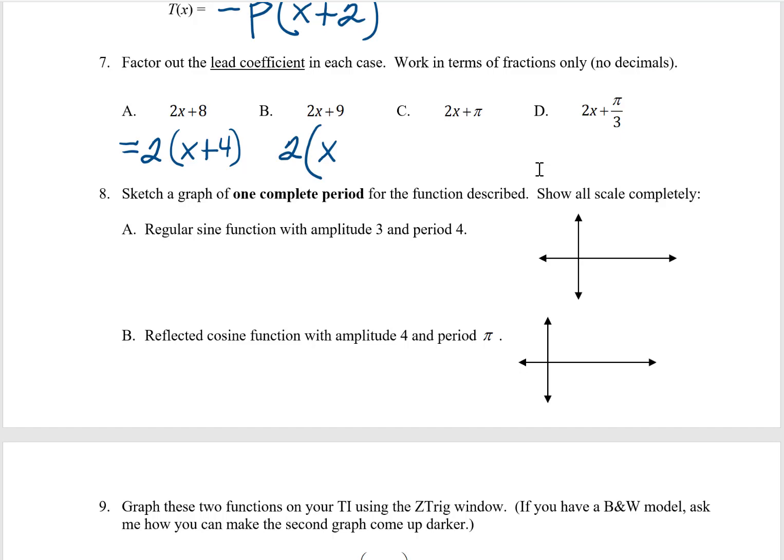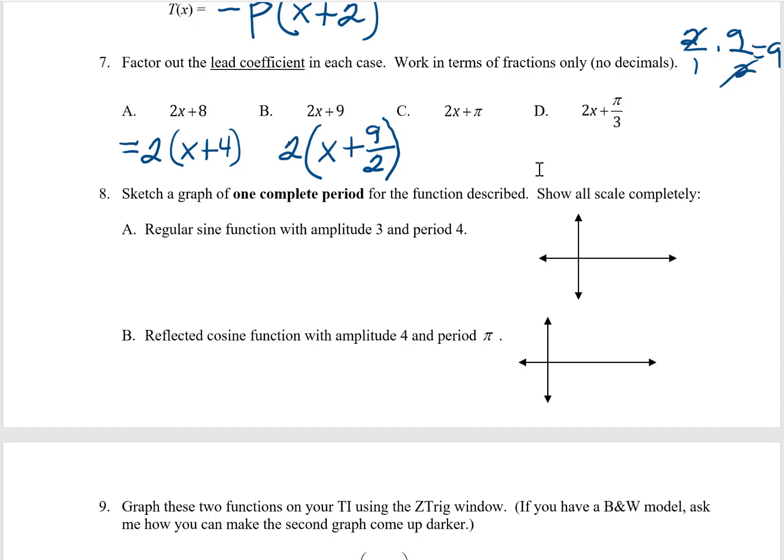Well, that would be x. 2x divided by 2 is x. How about the 9? Well, all you got to do is divide 9 by 2. We're supposed to work with fractions, not decimals. And that's it. That's going to be the number that you would have to multiply by 2 in order to get back to what you had, right? I can check that on the side. If I multiply 2 times 9 halves, I just get back to 9.